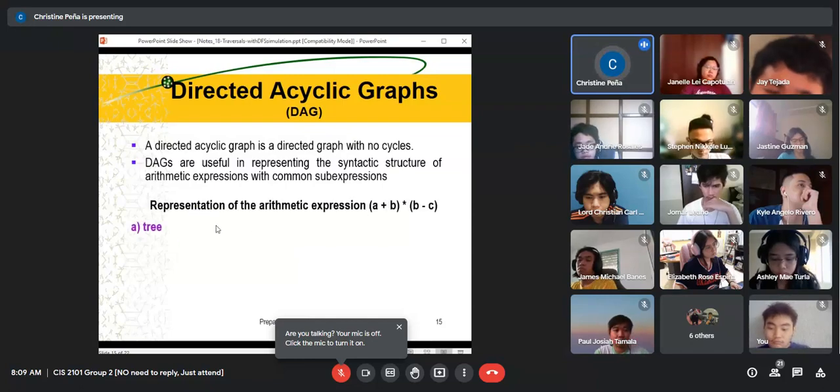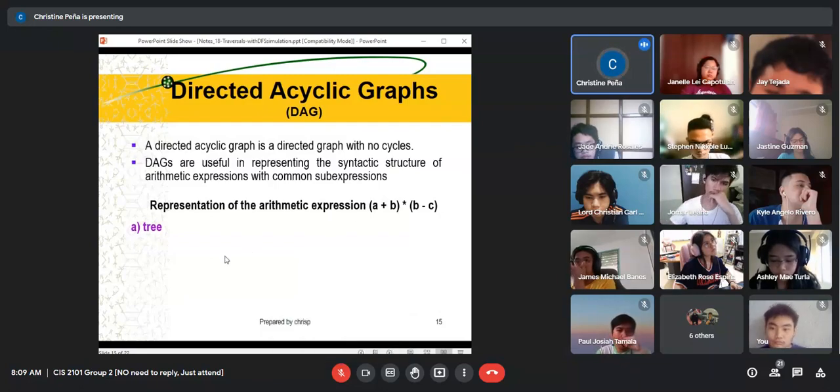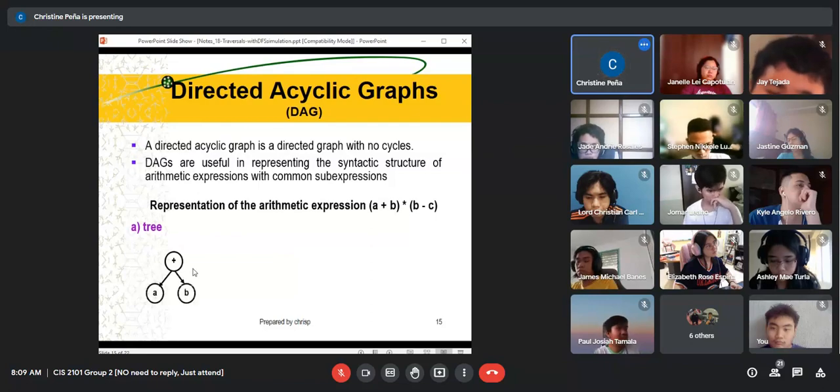So, if you recall in trees, when drawing expression trees, we start with A plus B. In expression trees, all the leaves are operands and the interior nodes are operators.